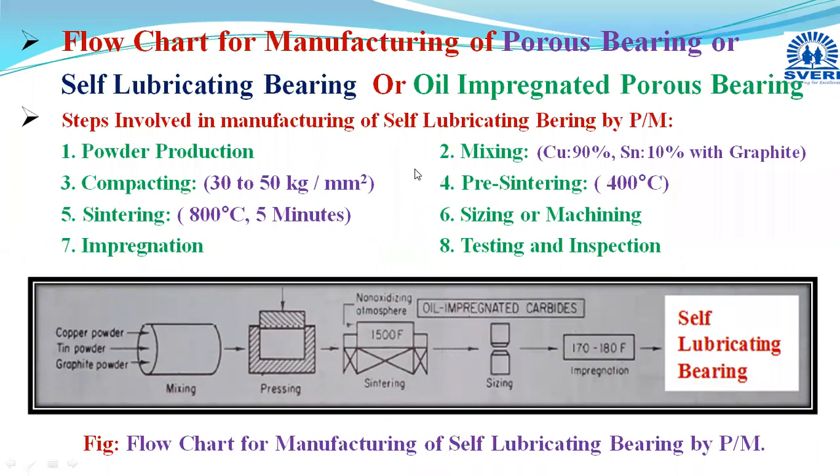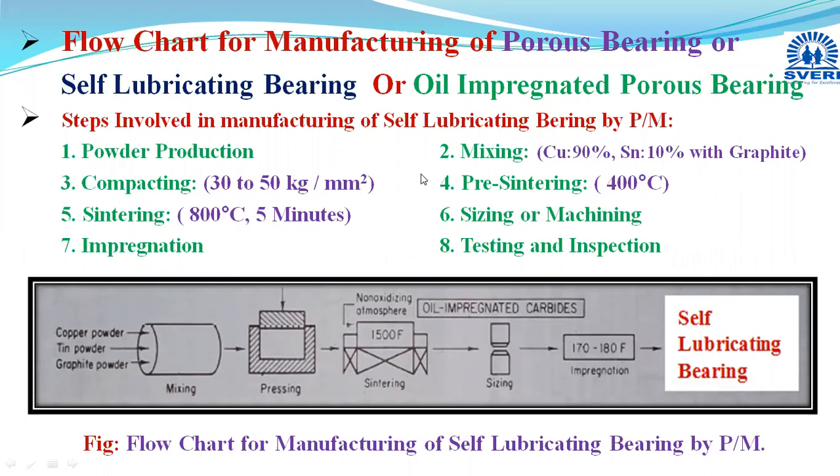Then the second working condition: the amount of pores on the surface will be more, then oil retaining capacity of that bearing is more. As the amount of pores is more, oil retaining capacity is also more, but its strength will be less, meaning load carrying capacity is low. More oil retaining capacity but strength is low, hence these kinds of bearings are used for low load and high speed applications.